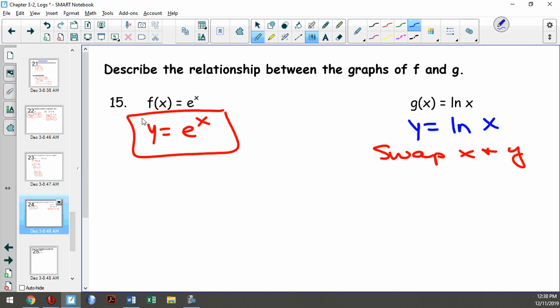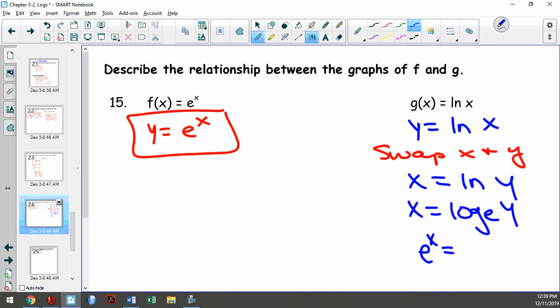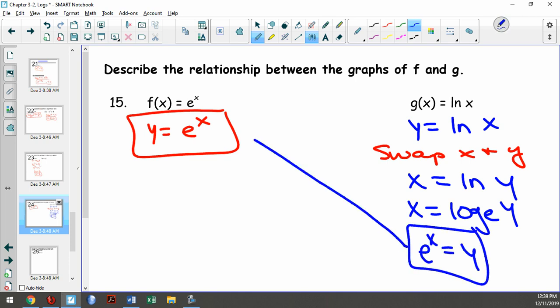Do we all understand that? So I'm going to make this x is equal to the natural log of y. Now I want you to rewrite this as an exponential function. Well, your brain needs to understand that natural log is log base e. So now what would be my lovely exponential function here? E to the x equals y. Does my blue box and my red box match? What that means is they are inverses.